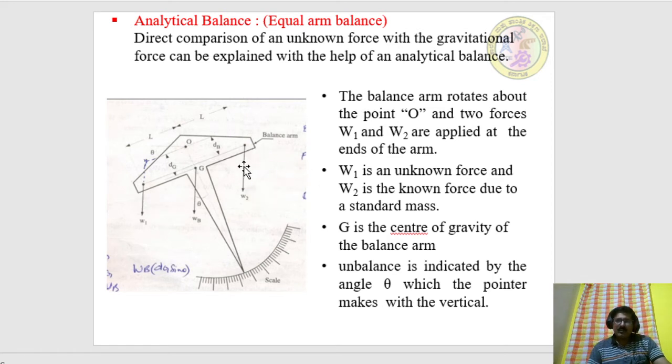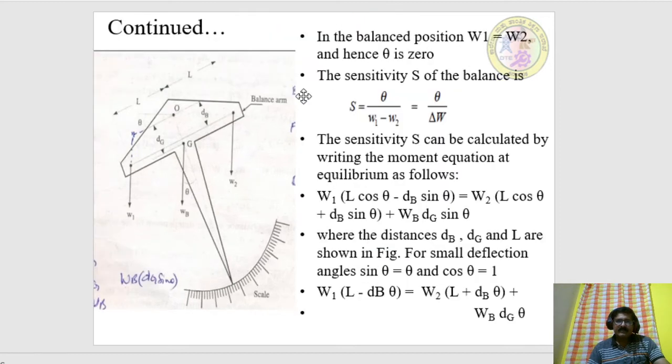W2 is a known force due to a standard mass, where capital G is the center of gravity of the balance arm. Unbalance is indicated by an angle theta, which the pointer makes with the vertical. So in the balanced position of an analytical balance, if W1 is equal to W2, hence theta becomes 0.